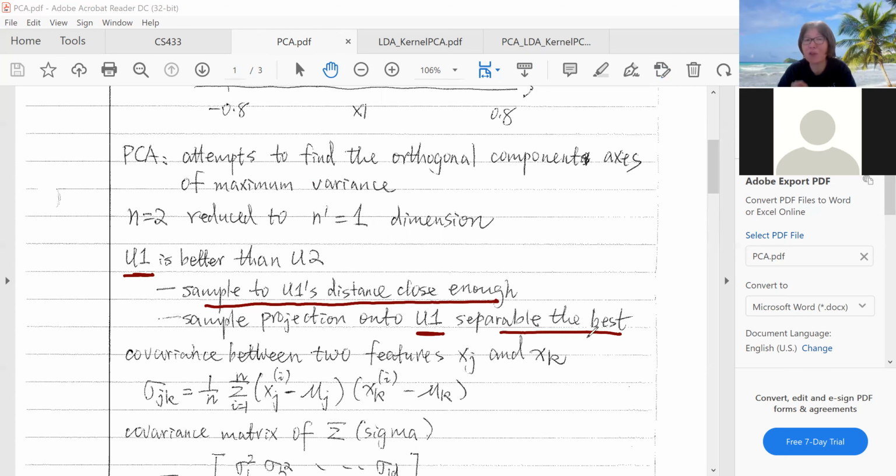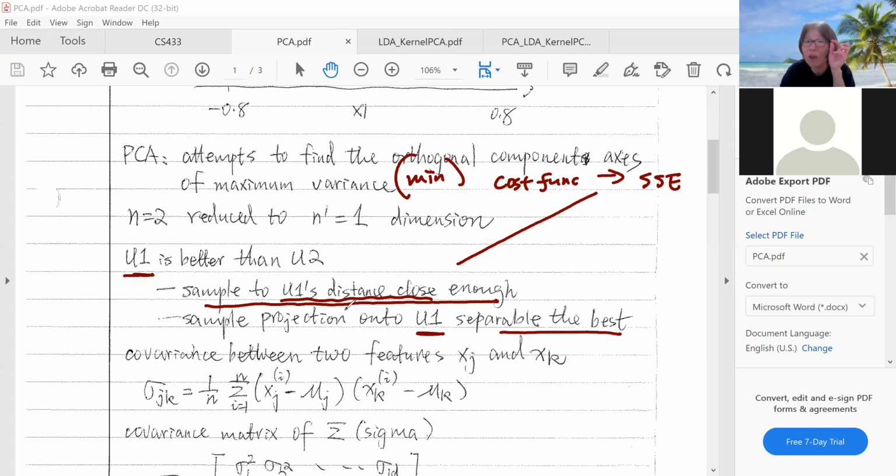And if you recall, the distance being close enough to the separable line was previously the cost function. A lot of the time we use the sum of square error, and the sum of square error we try to minimize. So that's how we said the distance is close enough, and also along that direction it is spread out the most.